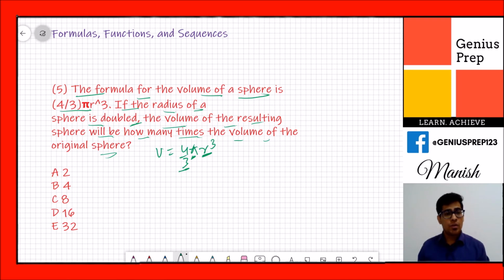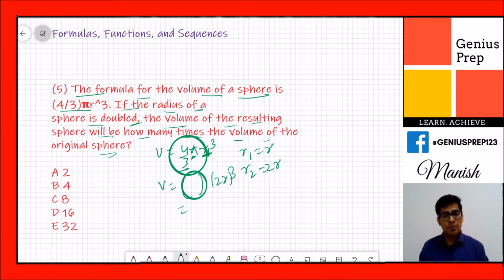So r1 is r and r2 is 2 times r. The constants will not make any difference, so we can keep them the same. r1 cube is r cube and r2 cube is 2r cube, which becomes 8 times the same value.